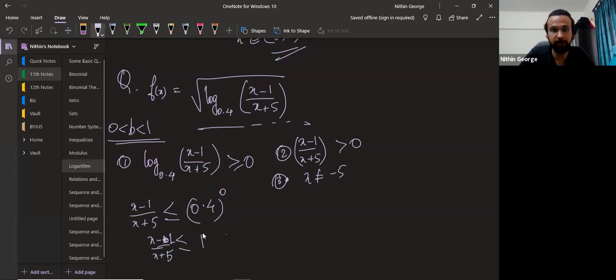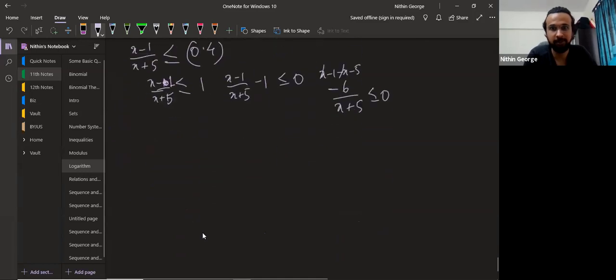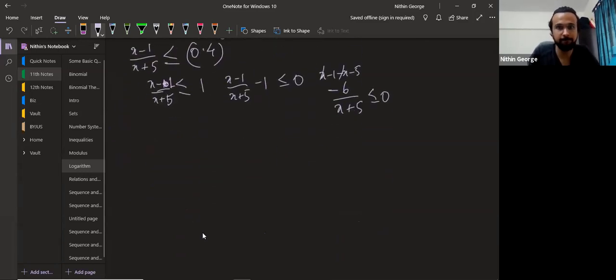So this fetches me x minus 1 by x plus 5 minus 1 less than or equal to 0. Then x minus 1 minus x minus 5 less than or equal to 0. Guys, don't do calculation this slowly in an exam hall, you're not doing yourself any favor. What do I do now?